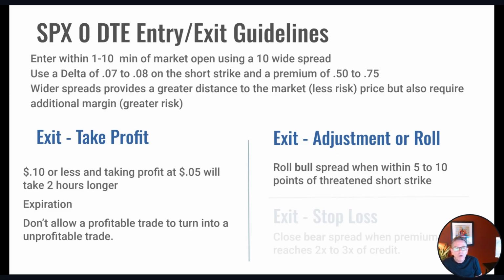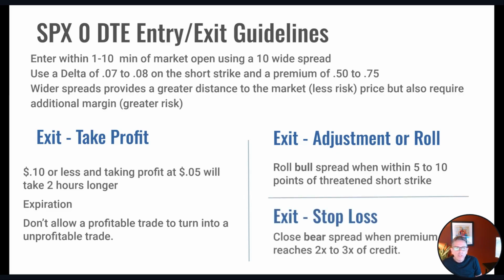All right. So the adjustments I do for these, based on my trade plan, is that I roll a bull spread, and I close a bear spread. The reason for that is because you can adjust a bull spread pretty easily.